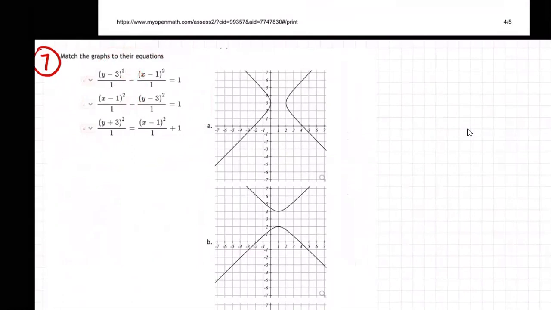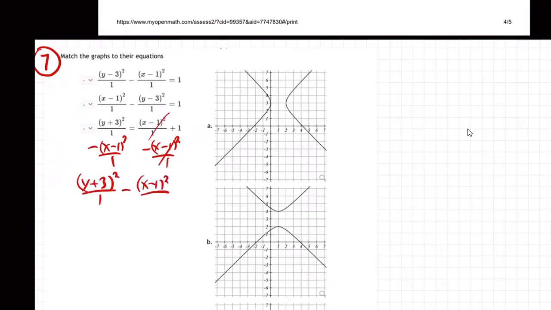This one, if you subtract the (x minus 1) squared over 1 from both sides, you realize what you get is (y plus 3) squared over 1 minus (x minus 1) squared over 1 equals 1, right?